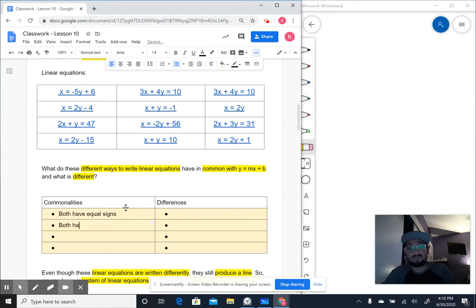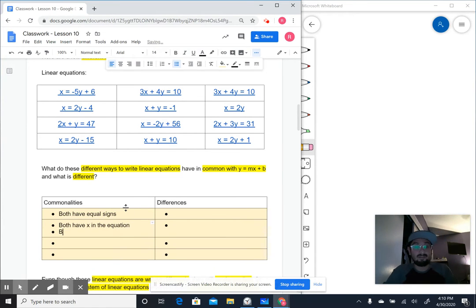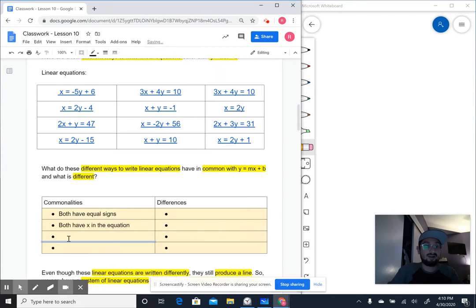They both have x in the equation. And also you could say they both have y's in the equation. They both have numbers. People said that. Those are three good ones.